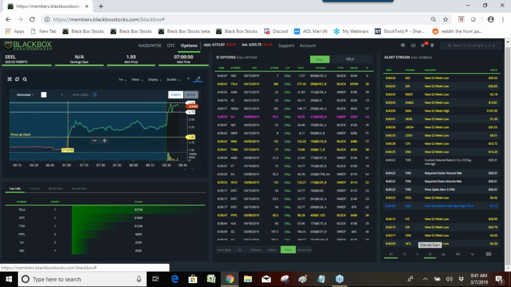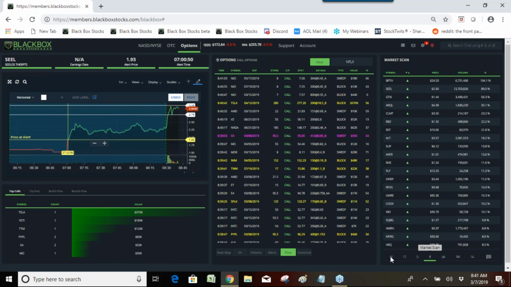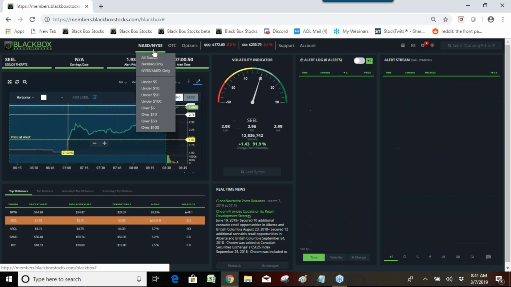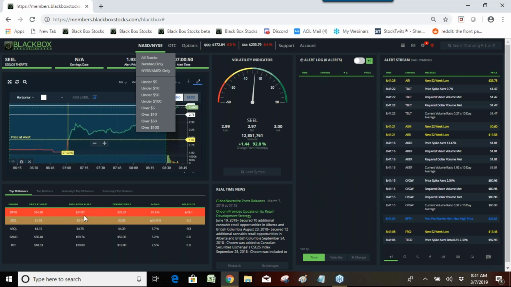And it's right under, back under $3. So BPTH, geez. Actually, okay, BPTH 24.97.